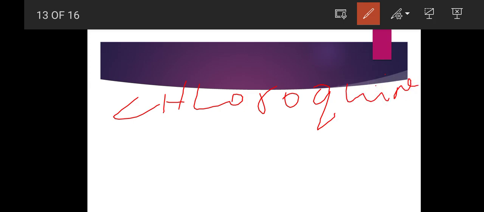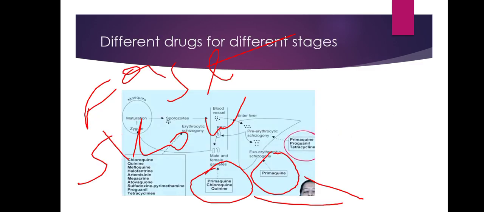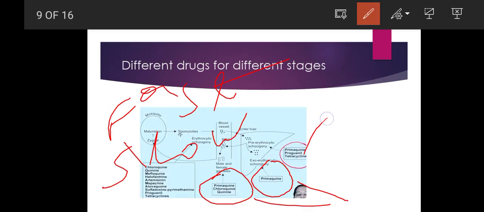Now chloroquine, who can guess in which phase of the life cycle of malaria chloroquine acts? Is it in the pre-erythrocytic phase? If you see here, there's no chloroquine in the pre-erythrocytic phase. Is it in the exo-erythrocytic phase? No. Is it in the gametocytic phase?